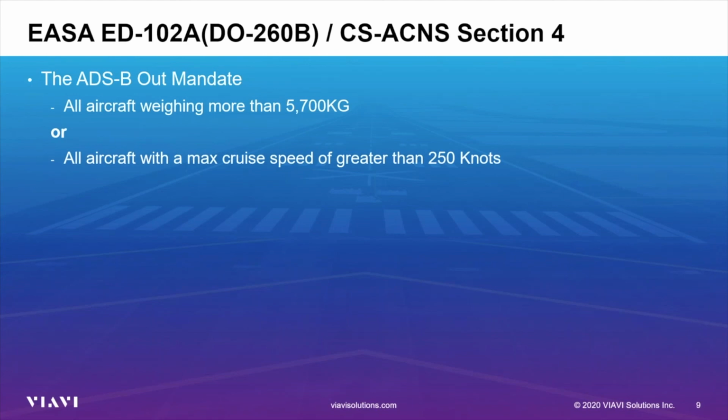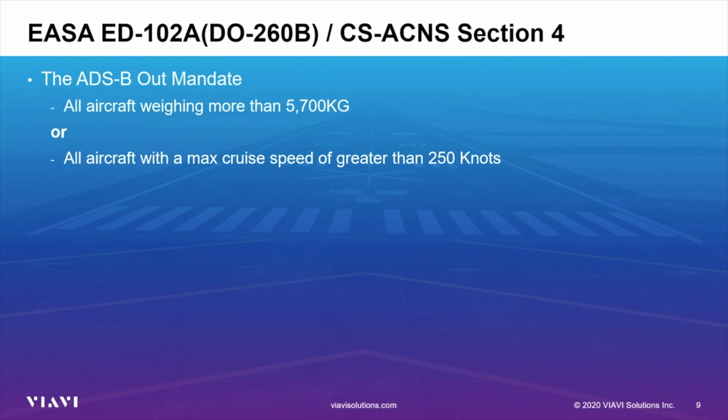Within Europe, EASA, the European Union Aviation Safety Agency, develops common safety rules at the European level, and it monitors implementation of standards. Their certification specifications for airborne communications, navigation and surveillance, known as CS-ACNS, which were originally published in December 2013, have a section 4 which details the requirements of the ADS-B extended squitter messaging.